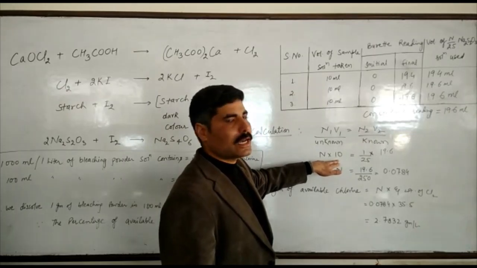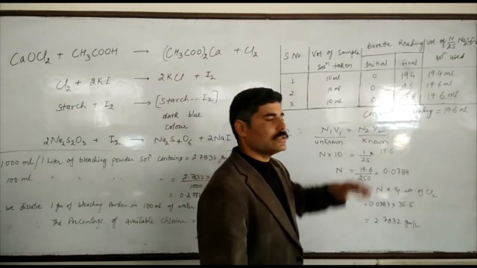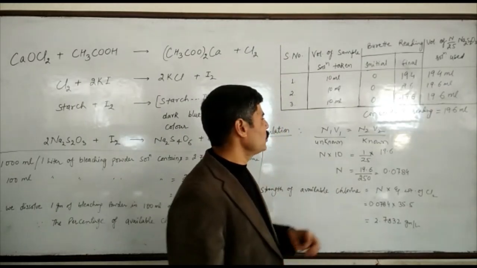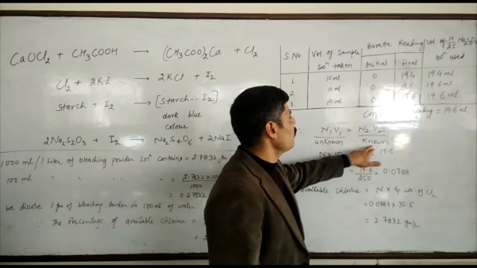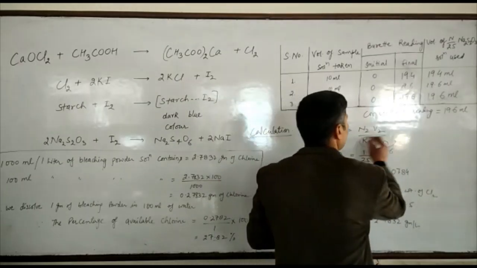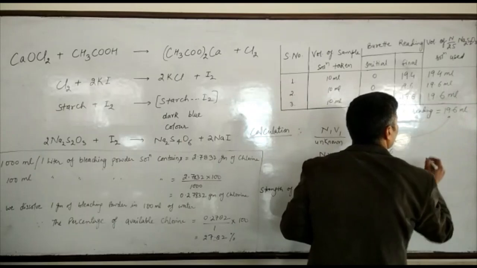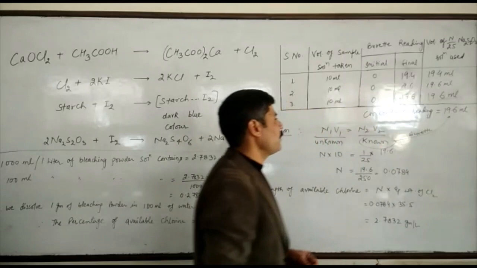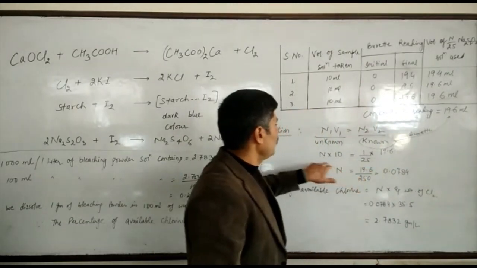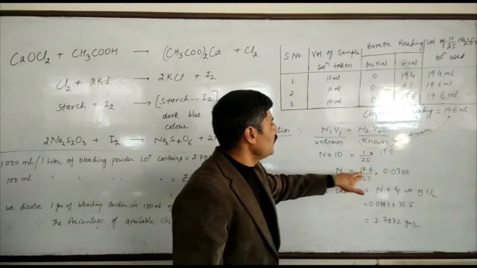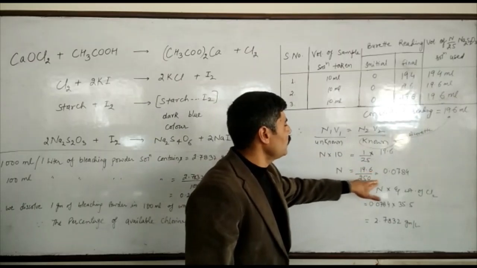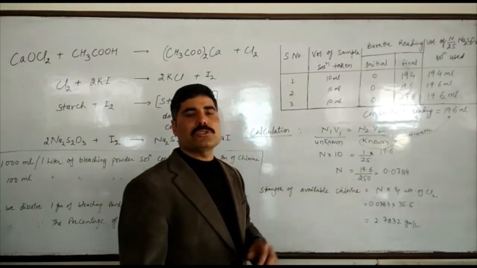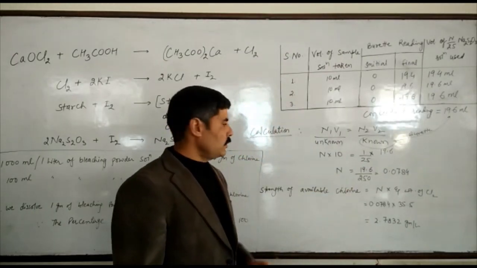We titrate this against the known standard solution, N/25 sodium thiosulfate solution. Normality is 1/25, and the volume of the known we get from the burette is 19.6 ml, which we put here. After calculating, the normality is 19.6 divided by 250, that is 0.0784. This is the normality of the given sample solution of bleaching powder.